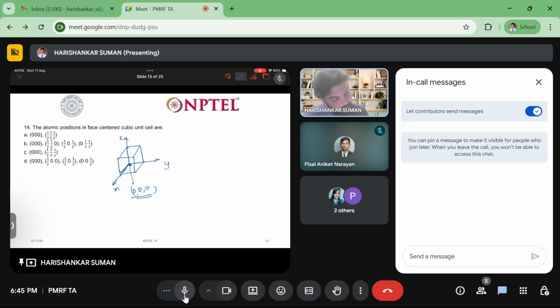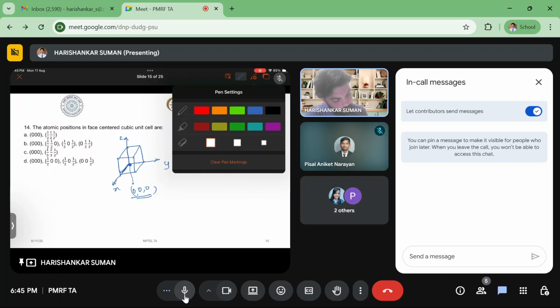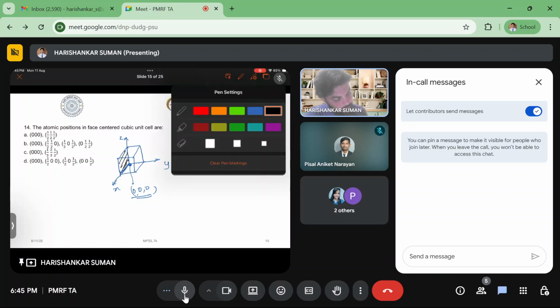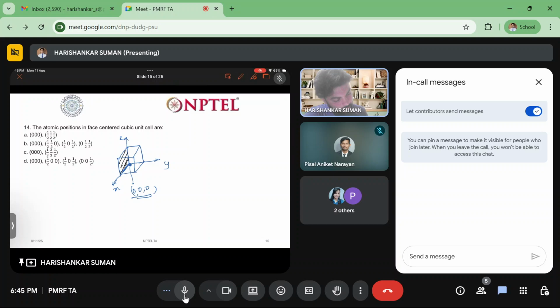You can take three adjacent cubes like this one, then these two, and below is three. They are nearest cubes.